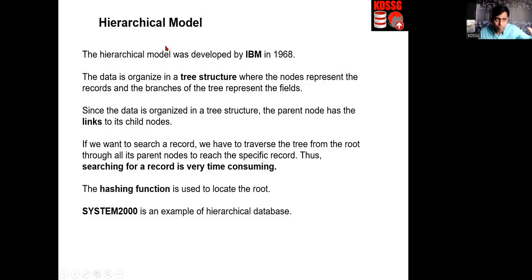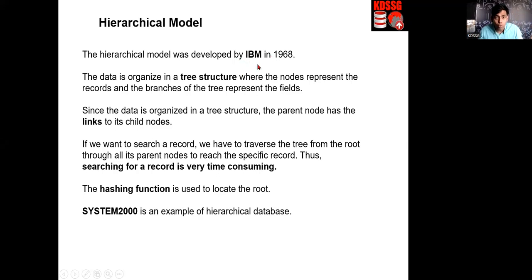In the hierarchical model, first of all, who proposed it? IBM was the company to make it. And look at the year, sir. I told you the story goes back to before 1985, to the 1960s. In 1968, the hierarchical model was announced by IBM.